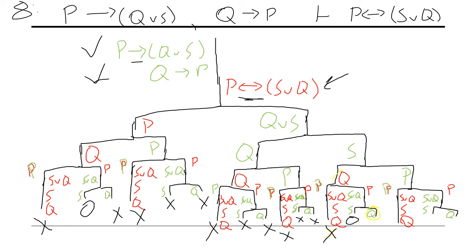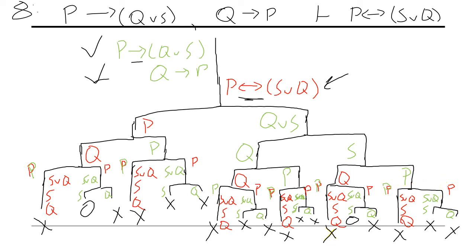Got QQ, closed. Then QSPPS. I've got S and an S, so that one will be closed. And I've got S and a P. So those will close.